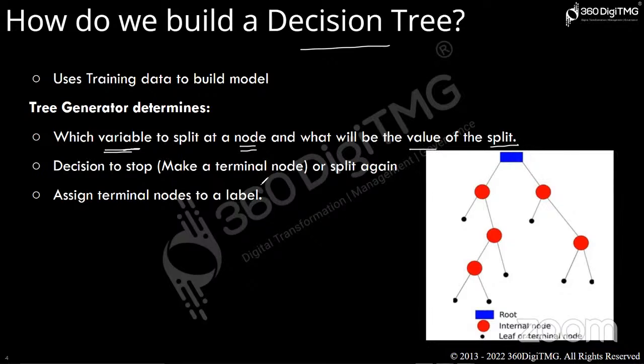So which value we are going to split also we will have to find. Also, we have to determine when to stop. Decision to stop also is very important in decision tree. And last, we'll also have to decide how to label this terminal node or leaf node.